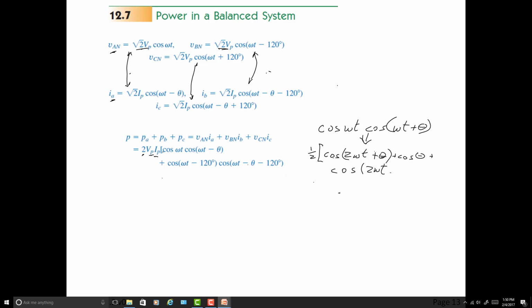So that would be cosine of minus theta, which is the same as the cosine of plus theta. So that's going to reduce, right, to just that little bit right there.